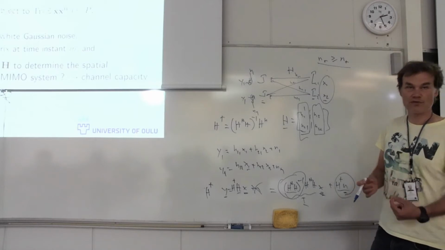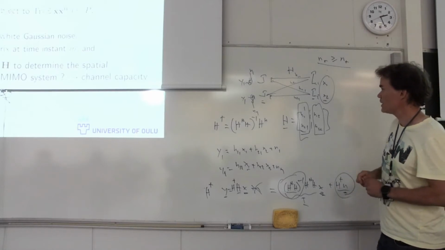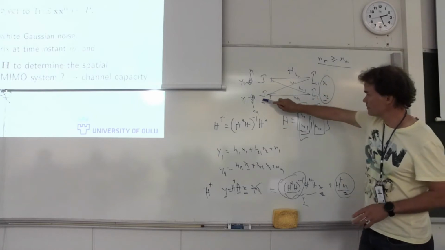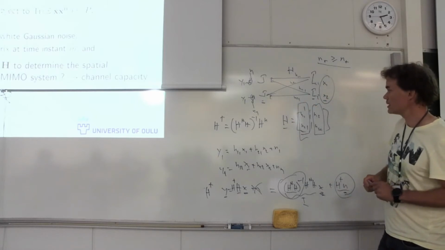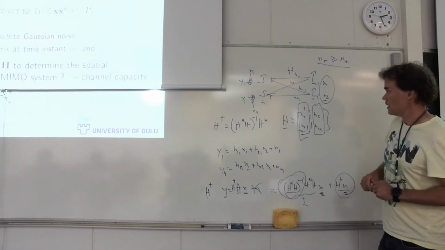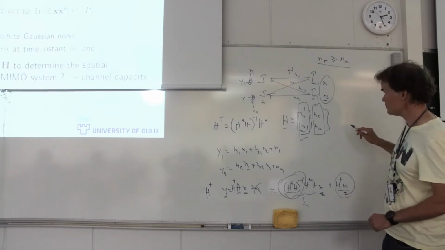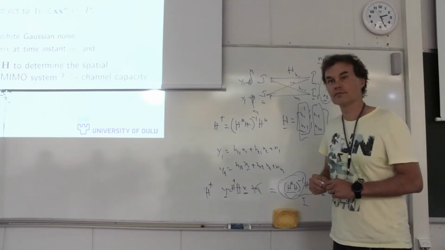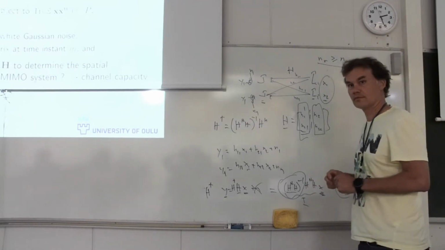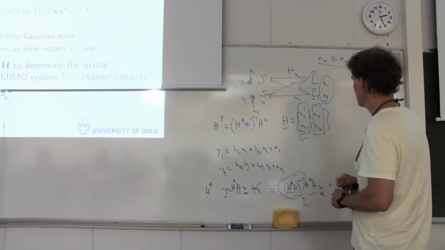We cannot resolve. So we need at least as many receive antennas as we're transmitting streams. In general, the rank of H should be equal to the number of symbols, the streams, that we are transmitting.